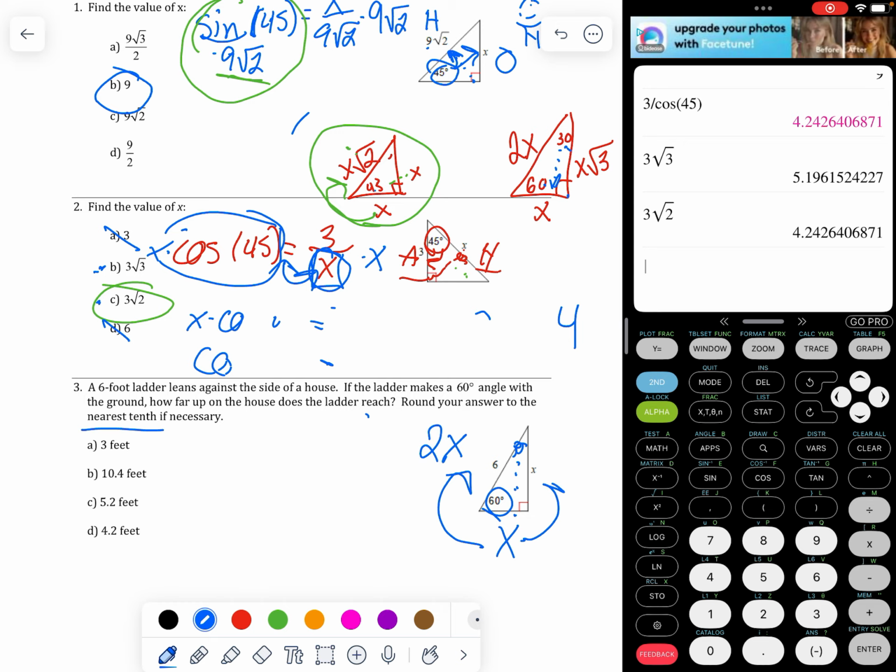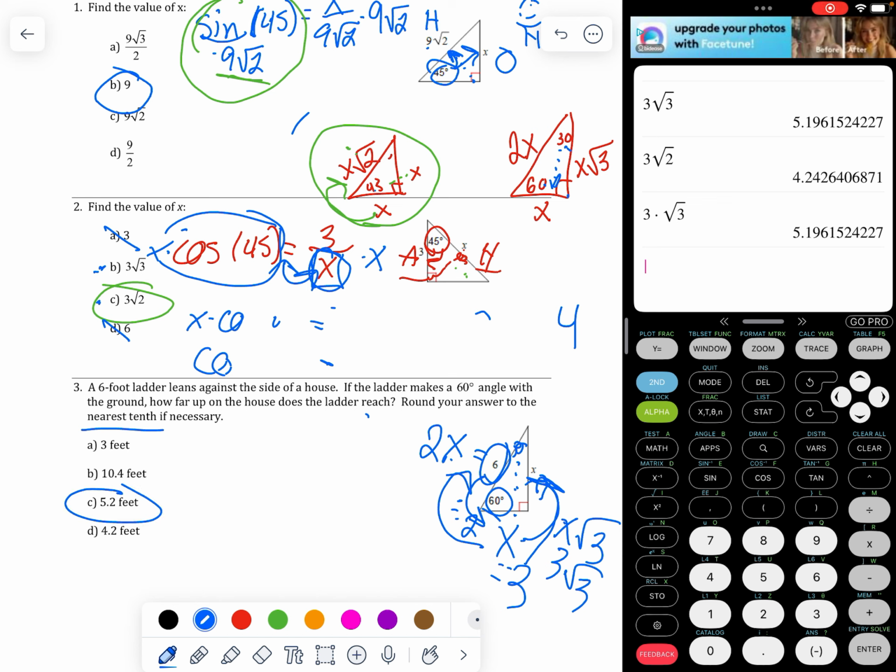So 6 divided by 2 is 3. Well, there we go. We have x. To get from x to our long leg, which is what it's asking for, that original x, 3 times the square root of 3. Let's figure out what that decimal is. 3 times the square root of 3. 5.2. Looks like it's C.